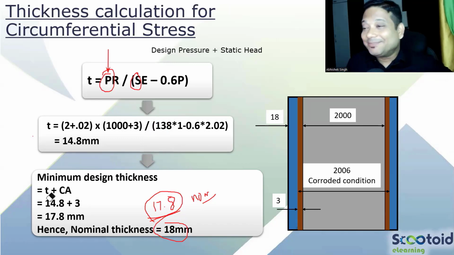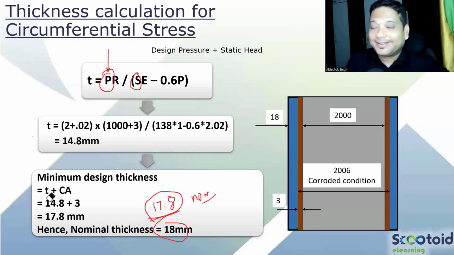Now, what do we mean by working condition? Whether it talks about corroded or non-corroded, it's always end of life. Whenever working is coming into play, guys, it is always the corroded condition which you have to consider.